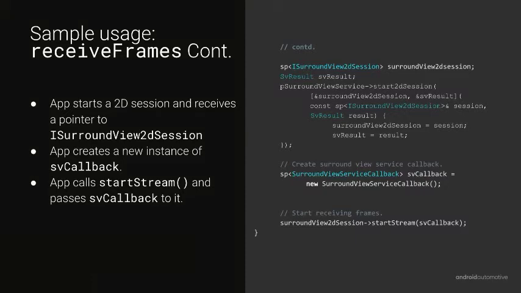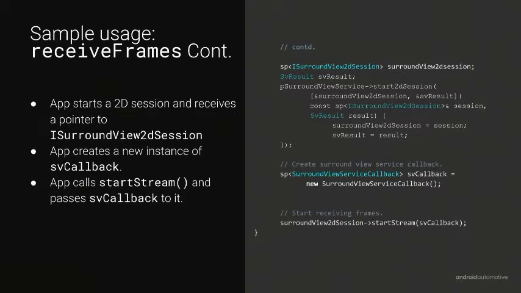And then further, the surround view 2D session interface is obtained through the start 2D session call, which is part of the surround view service interface. And so here you receive a callback of the result and the 2D session, which the application is just recording in local variables.